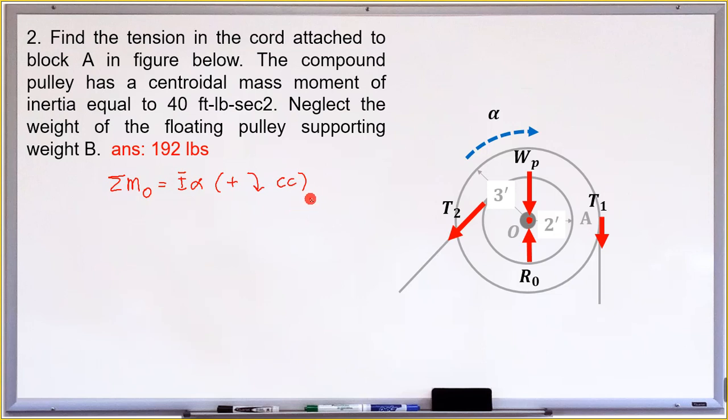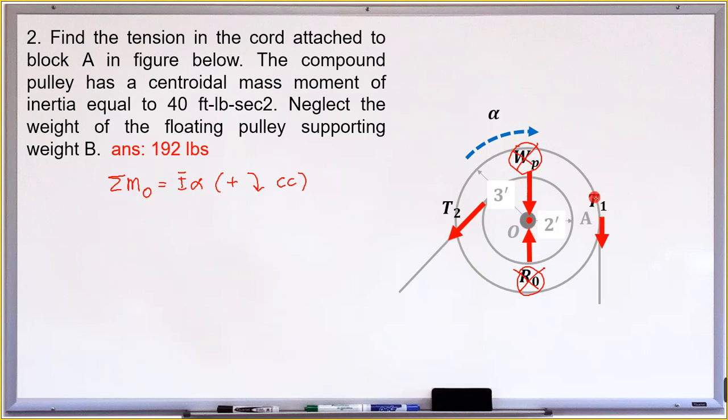We define the forces that cause a moment on the compound pulley. The weight and the bearing reaction do not cause a moment because they don't have moment arms, as they are directed towards the axis of moment. So their moments are zero. We only have T1 and T2.